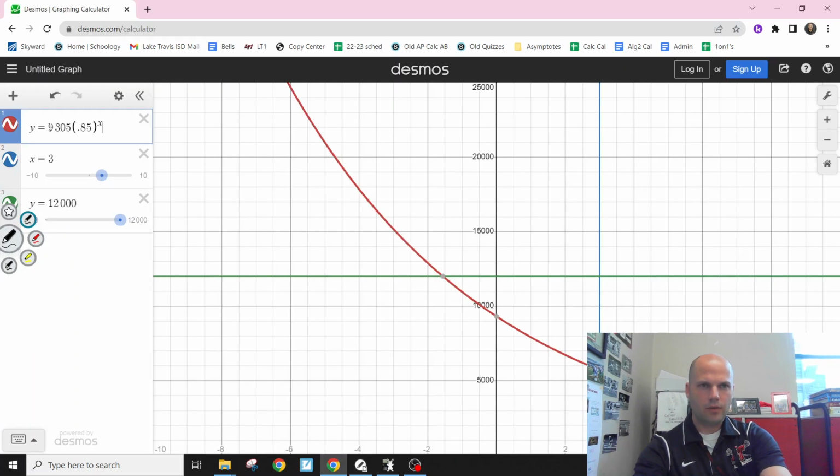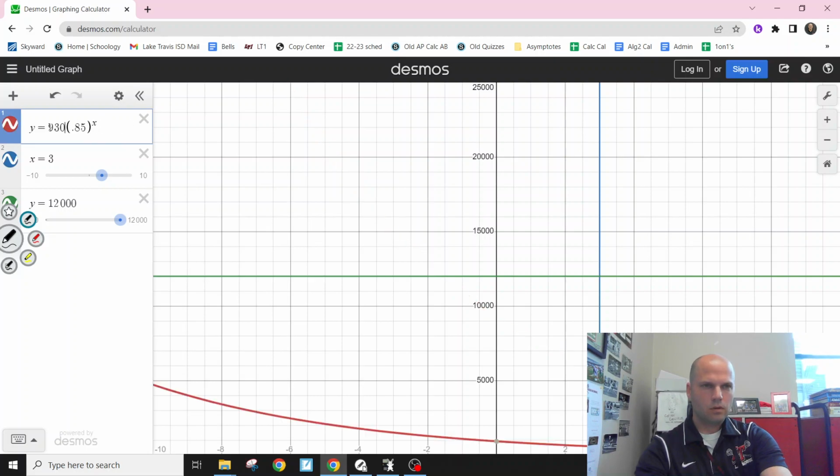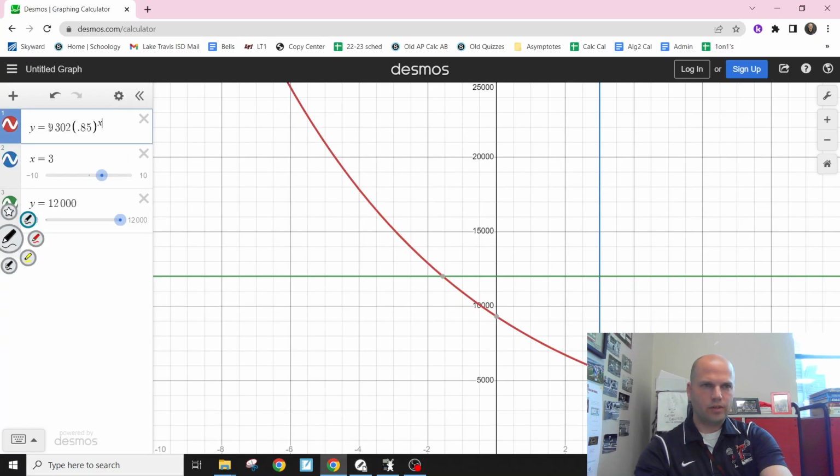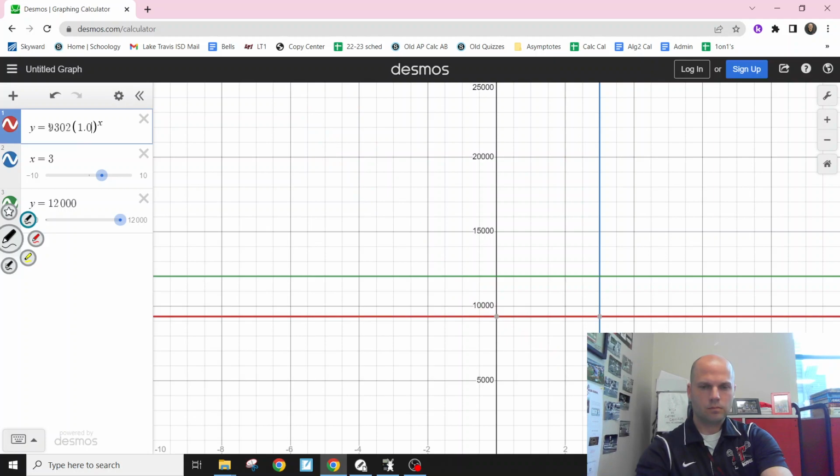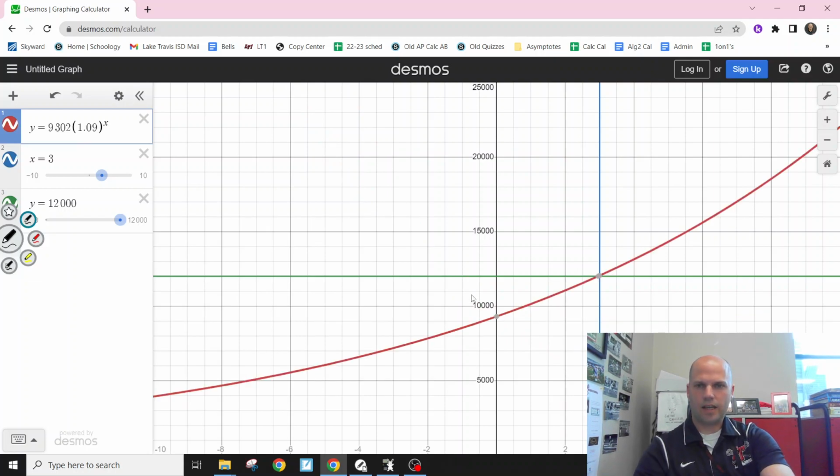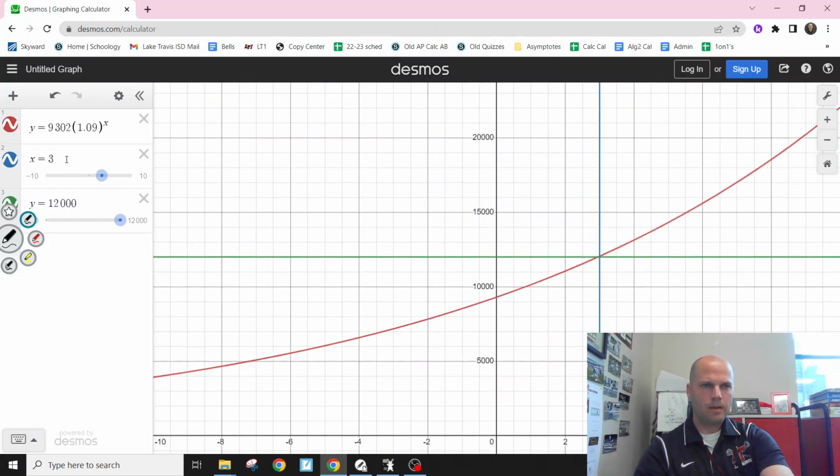The equation is 9,302 times 1.09 to the x. I can see what I want to see. Here I got my x that I can slide. When x is 13, I've got to bump this over to 13.